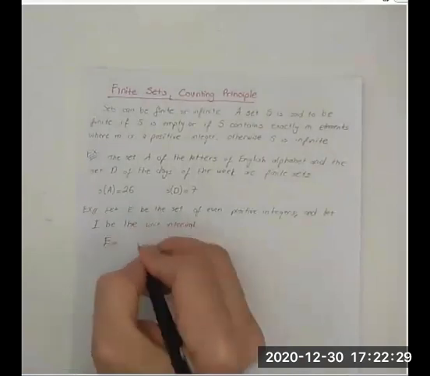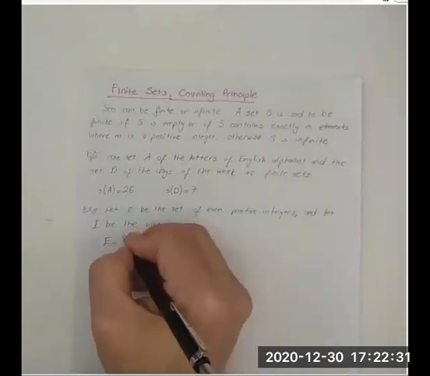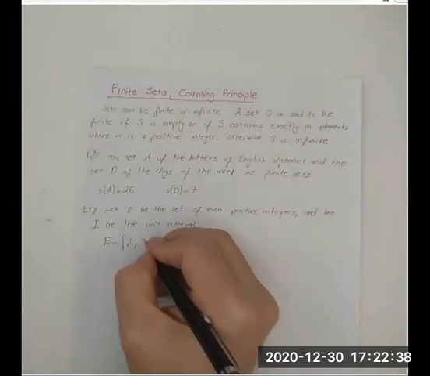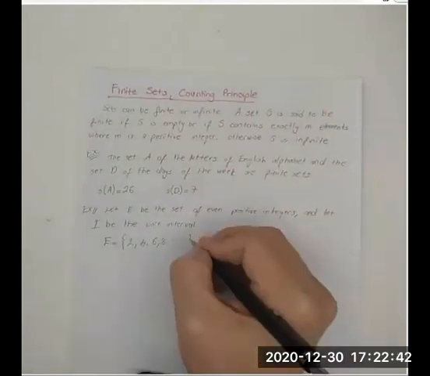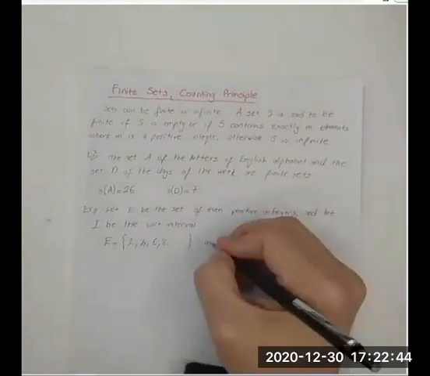The first one is the capital E, the even positive integers like 2, 4, 6, 8, and it goes on like that.